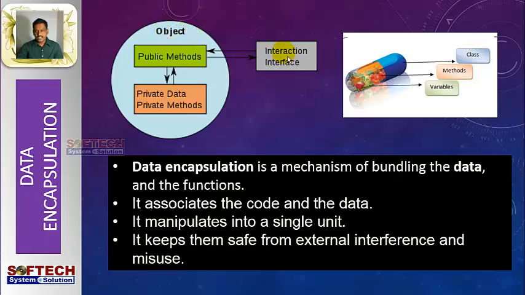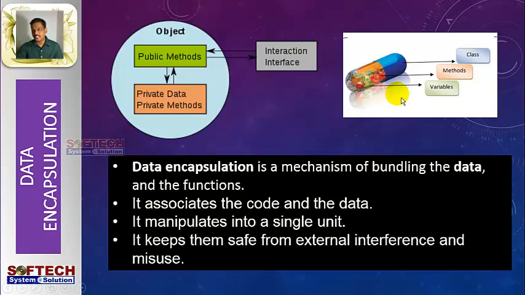We can interact with those members by using interfaces. All are bundled, that is, all are encapsulated. We can only interact. We cannot see the details of those members. That is, data encapsulation is a mechanism of bundling the data and the functions.